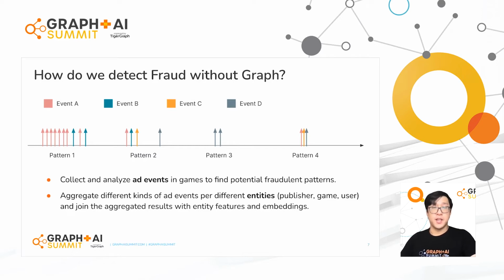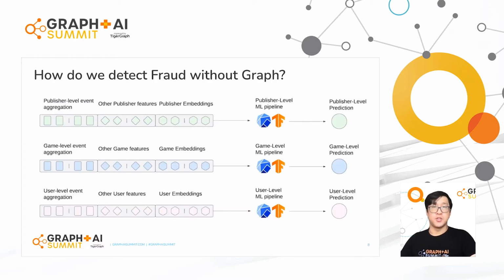We collect and analyze those ad events to find potential fraudulent patterns. We also aggregate different kinds of ad events per different entity. For example, there are publishers, games, and users, and we join those aggregated results with entity features and embeddings. Here's an example of what we're doing.